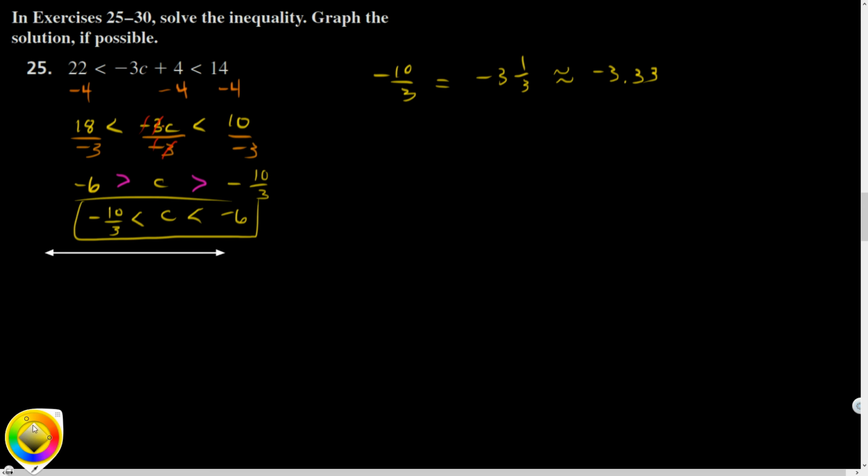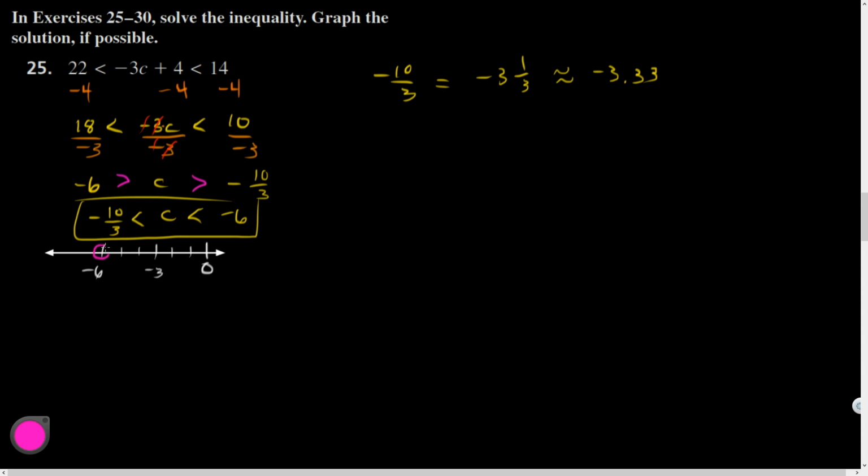All right, so if I wanted to graph this, I've got 0, 1, 2, negative 3, 1, 2, negative 6. Is this going to be shaded between or away? Because the variable is in between, it's going to be shaded in between.